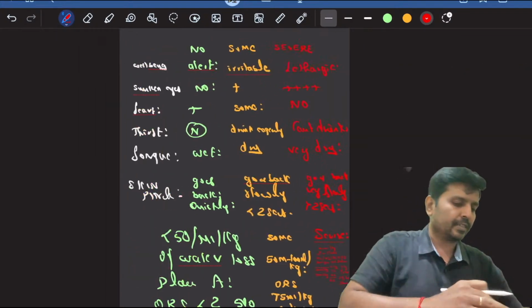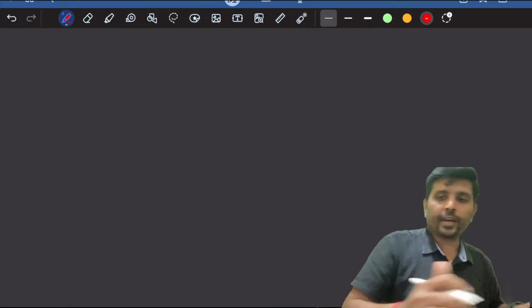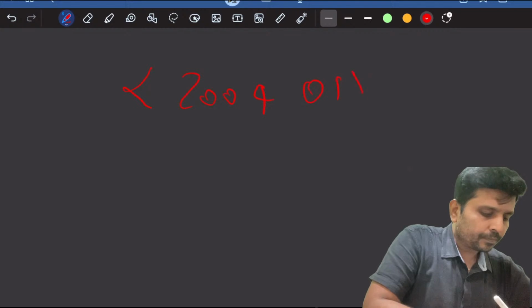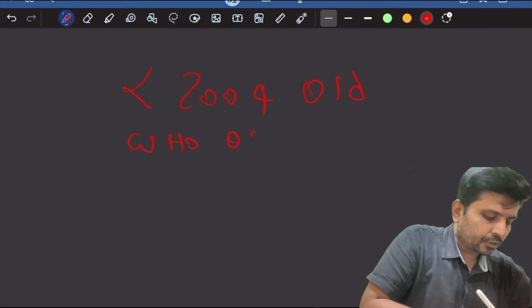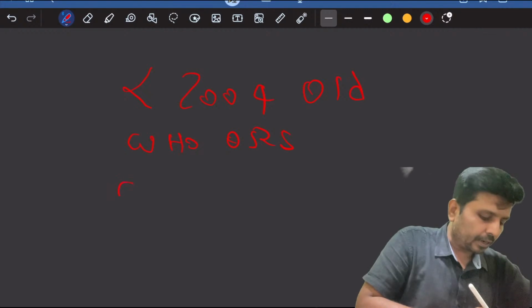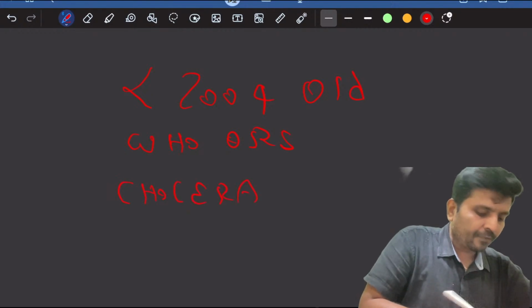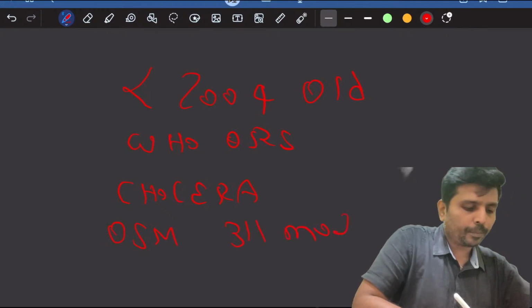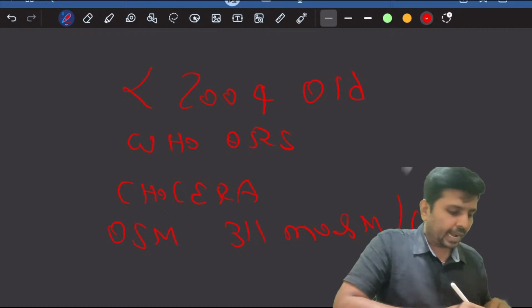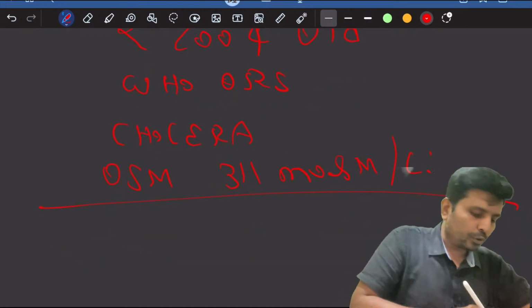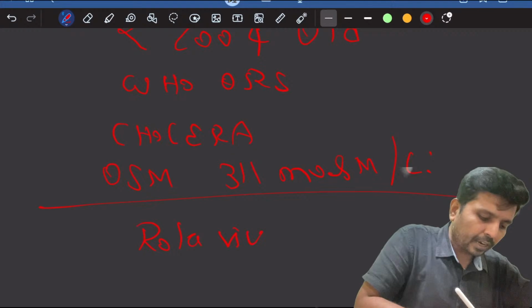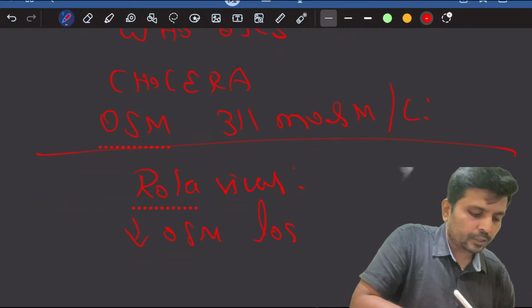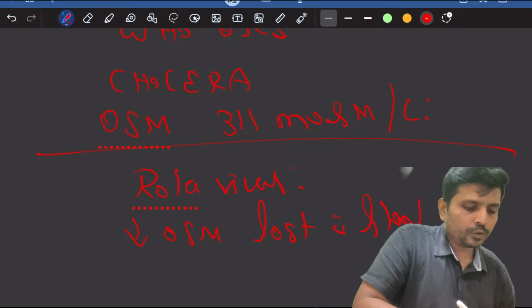Then comes ORS. Fluids we had discussed. Before 2004, what we used is the old WHO ORS, that is mainly meant for cholera. The osmolality is 311 milliosmol per liter. But after 2004, we came to know that diarrhea is most often due to rotavirus, and here less osmolarity is lost in stools.